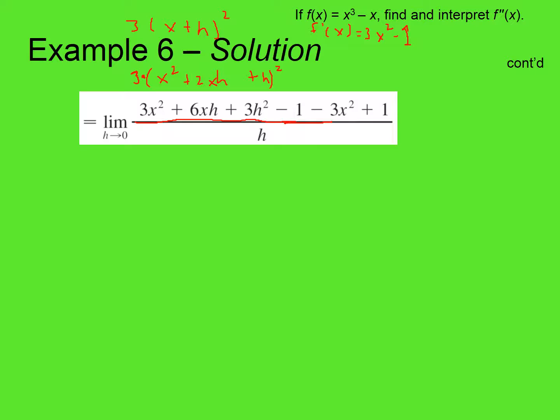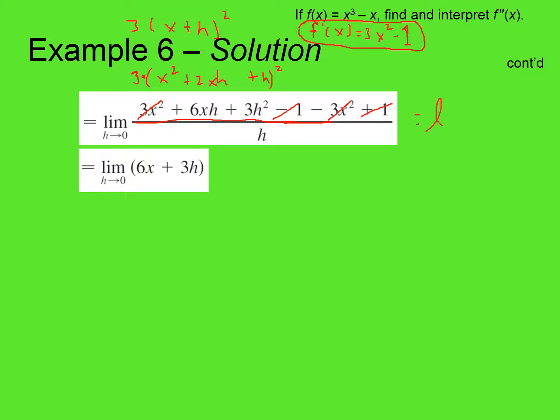Okay. And so we're going to have the normal work that we normally have. The regular cancellation will take place, that takes place when we're dealing with polynomial functions. And all of the remaining terms have a factor of h. Right?